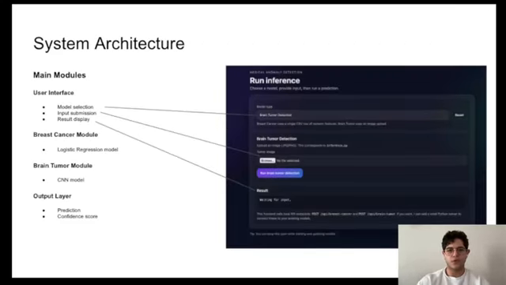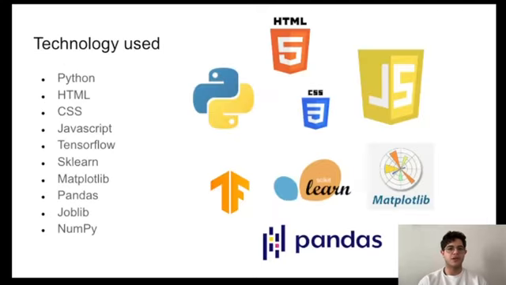I don't think we need to talk too much about the system architecture. We're using logistic regression for breast cancer, and we're using a convolutional neural network for the brain tumor. And then we just have input and output layers. There's not too much really to speak on here. Some of the technologies we've used: obviously Python, because we're working with neural networks and logistic regression.